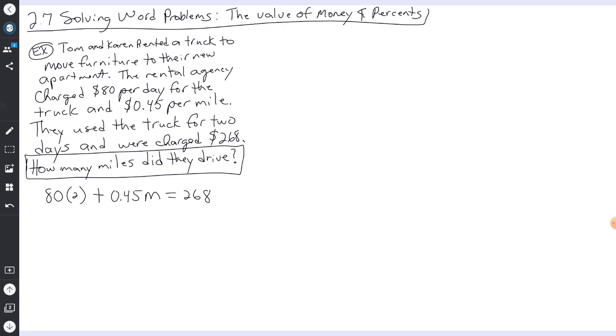So let's first simplify this here. We get 160 plus 0.45 m equals 268. And then in this equation, we're going to subtract the 160 on both sides, right?